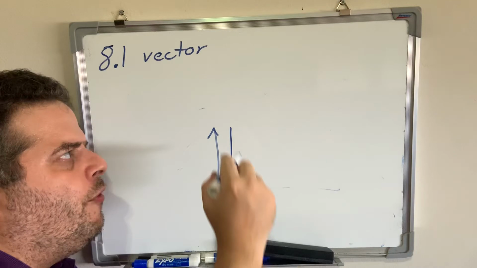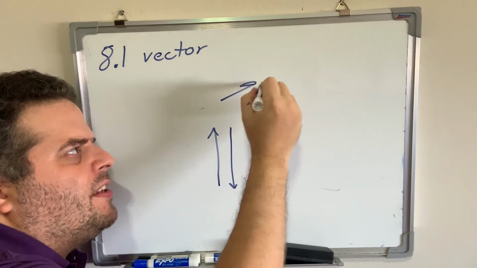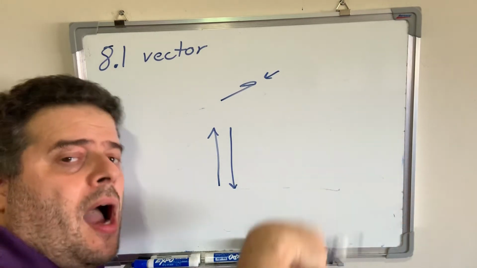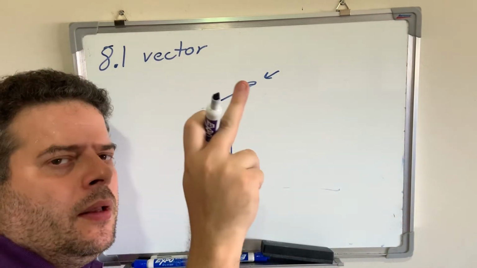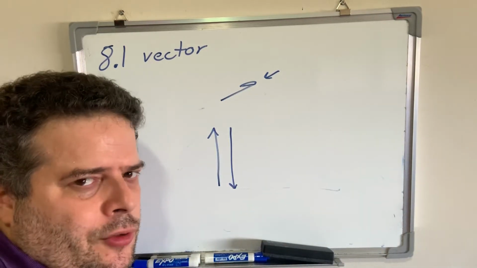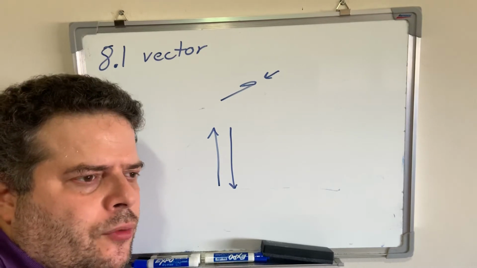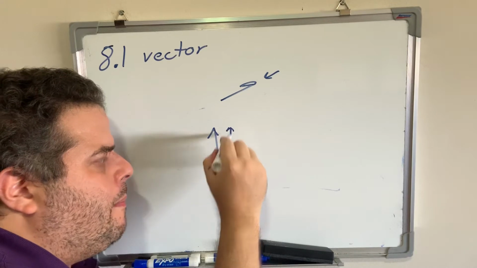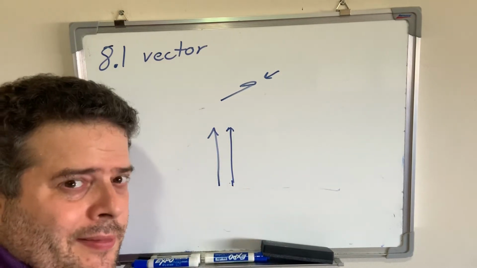So again, let's go over all three. Parallel vectors have the same or opposite direction, but they can be of different magnitudes. So it's fine if they're different magnitudes. When I'm talking about equivalent vectors, same magnitude and same direction.